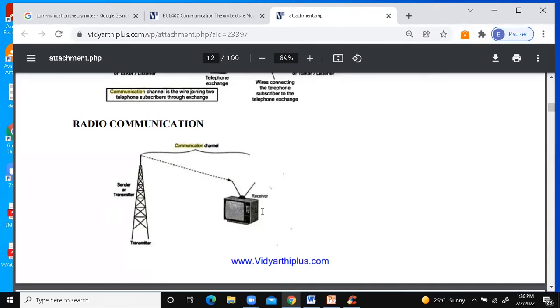And once you get that signal, it is decoded to what the original signal was.